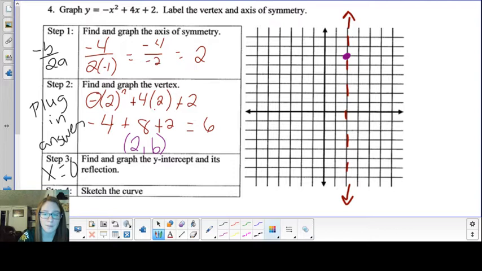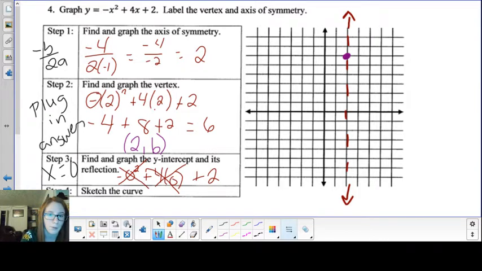Next, we're going to let 0 be x. So I have negative 0 squared plus 4 times 0 plus 2. And again, 0 squared is nothing. 4 times 0 is nothing. So I'm going to be at plus 2. So I am at 0, up 2.